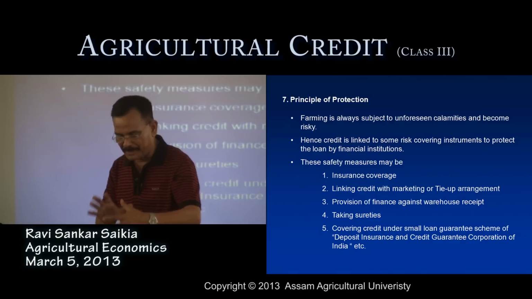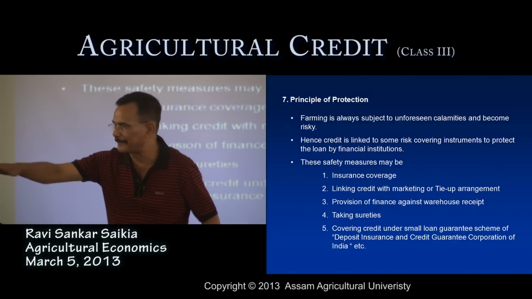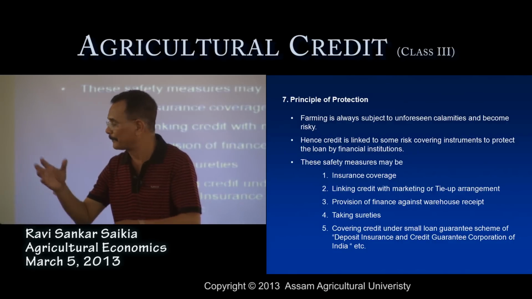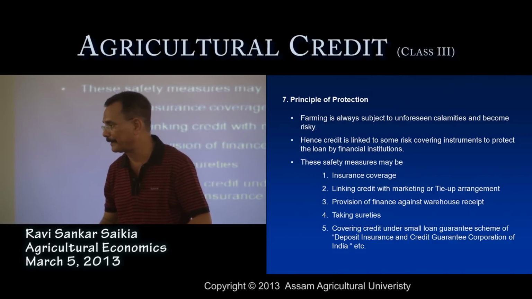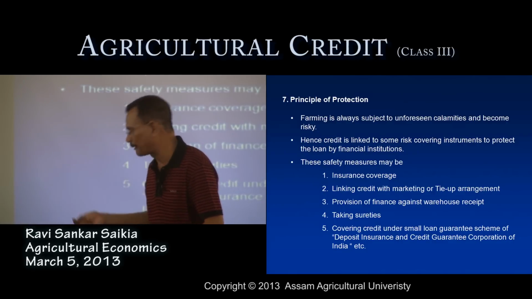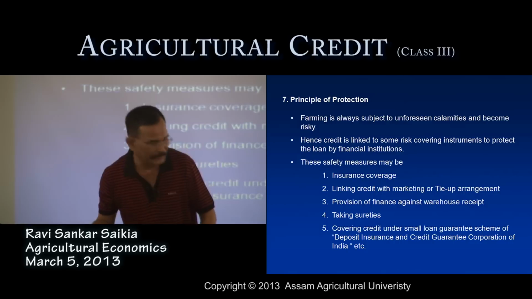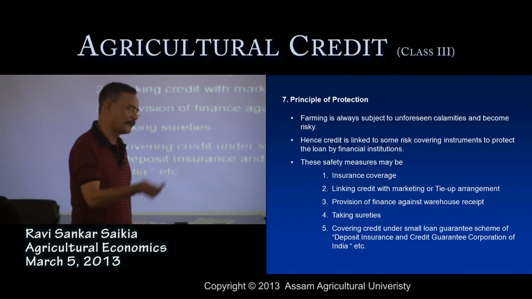Suppose a product is stored for a long period, 6 or 7 years. In this period, the farmers may require some amount of money, first to meet cash obligations for day-to-day life, or otherwise for future investment.